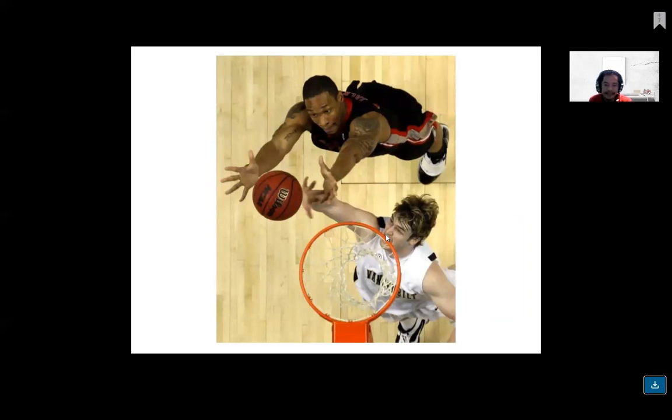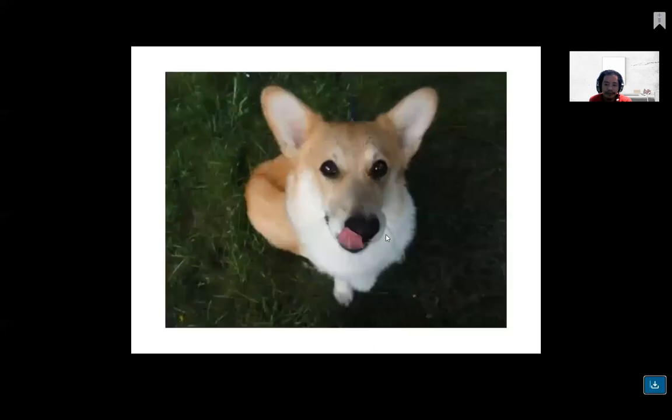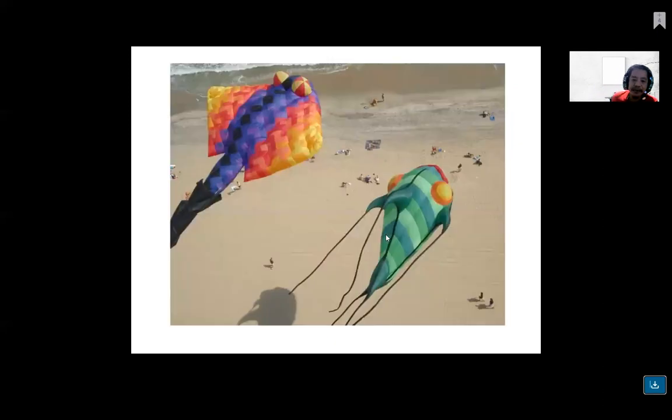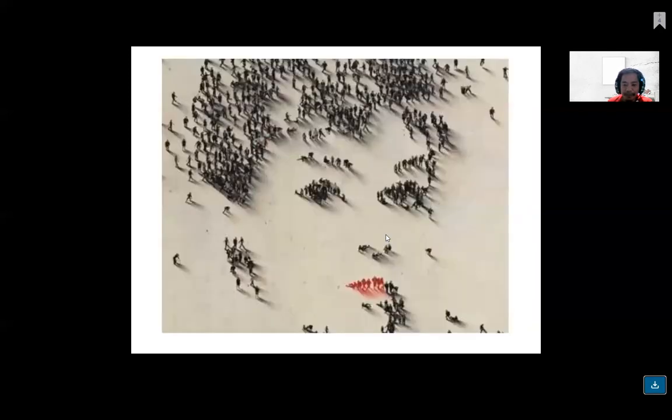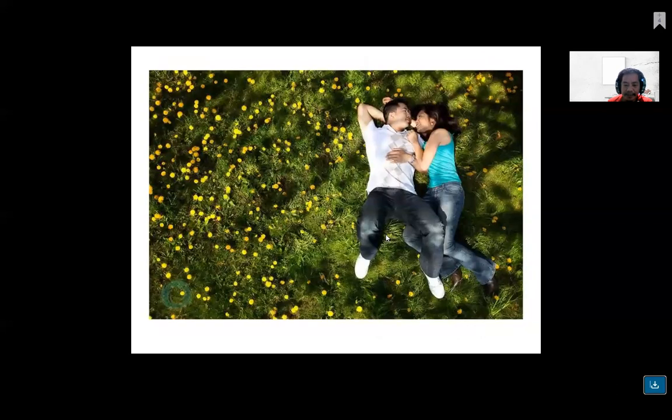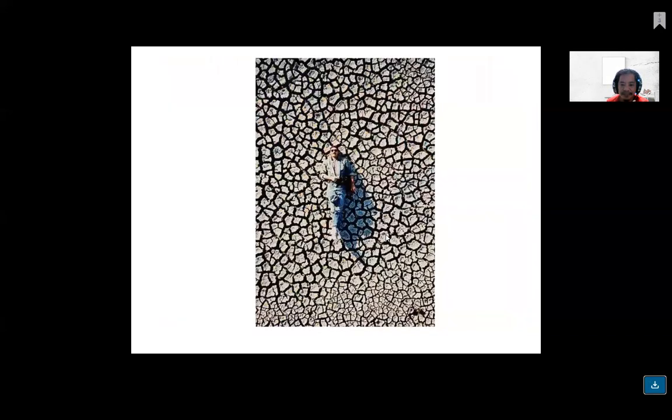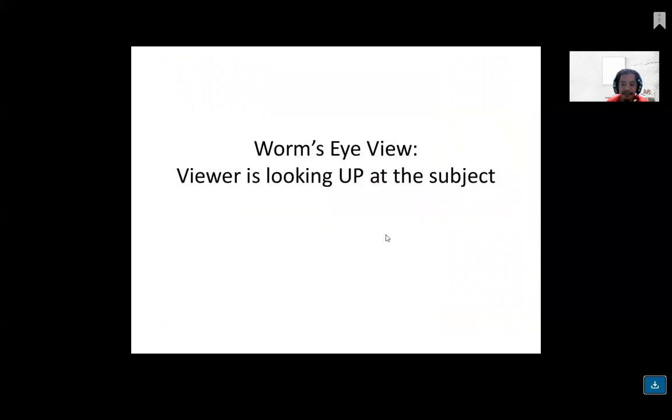In this case, of course, the bird's eye view is powerful, like when you're looking down at smaller subjects like this cute one, or you can be as high above as this one, like the kite's point of view, not the bird's, and let the people seemingly look like ants. Could also work for things like prenups, perspective like that. And you want to show the cracked ground, and bird's eye view can be so powerful.